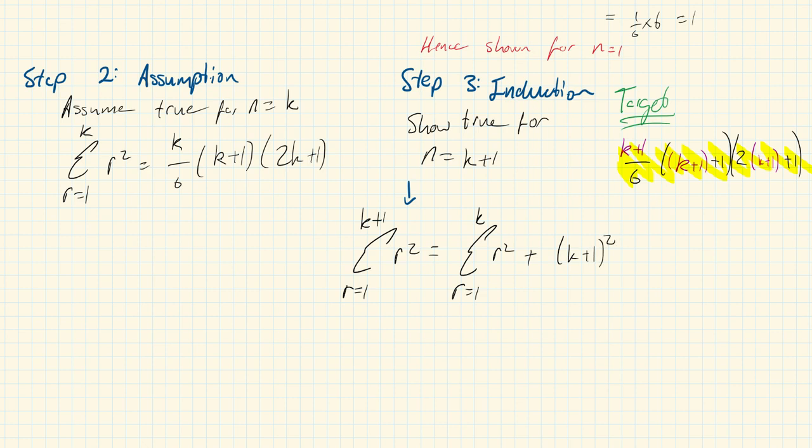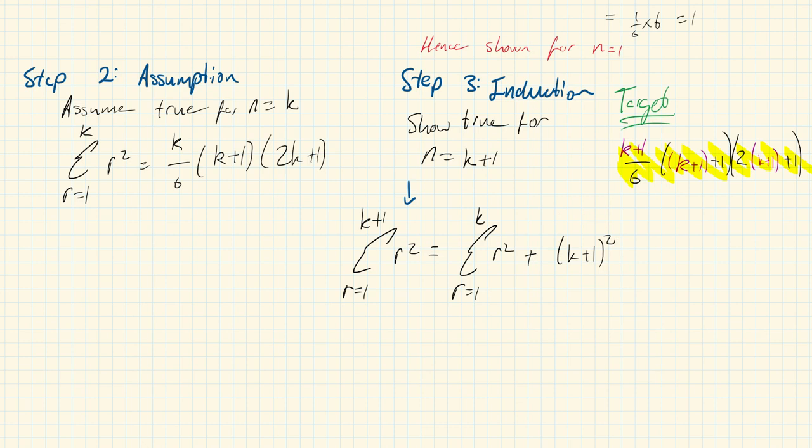That's the first bit people find difficult. This first bit is our assumption result, so we know that, and then what we've added on is the k plus 1th term, k plus 1 all squared.